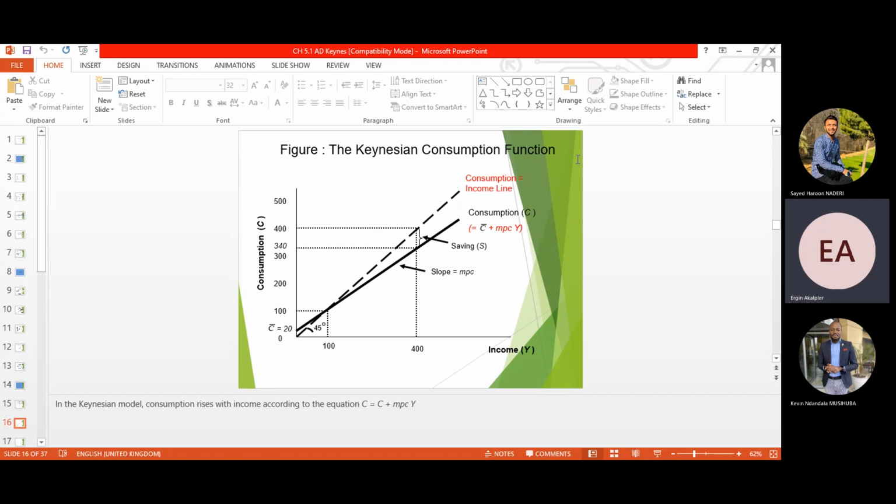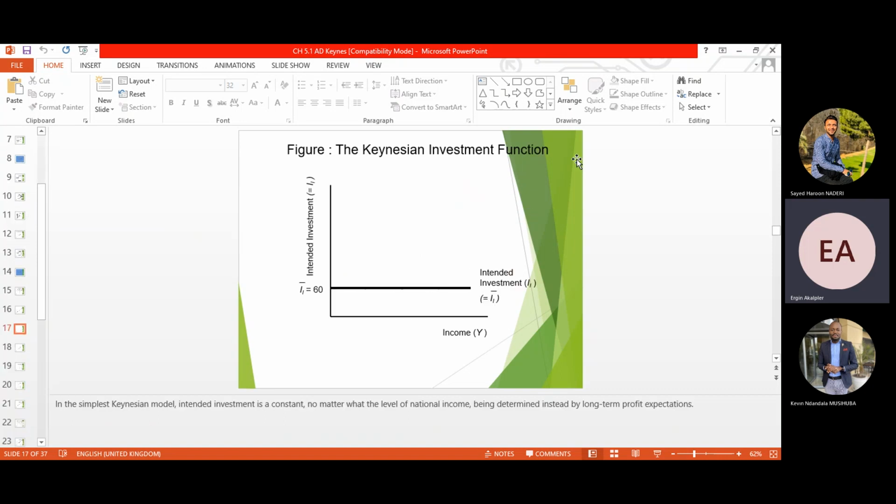When we are drawing this linear line, we have this consumption function line, and it is below the consumption-income line. Approximately 60 units go to saving, and 340 is consumed. Therefore, this line is a little bit lower than the consumption-income line.